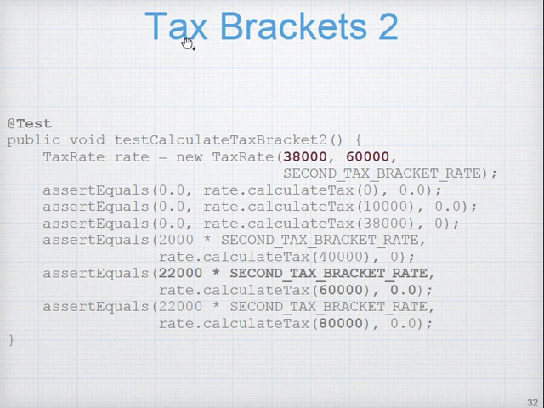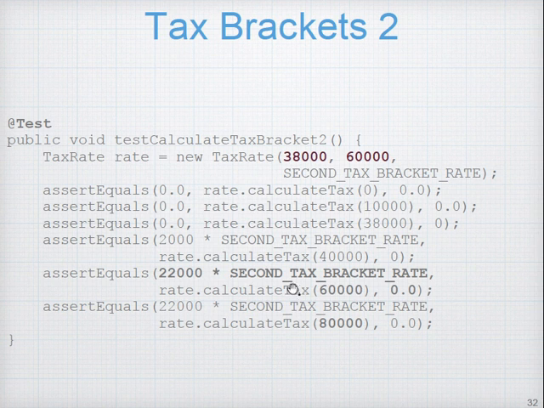So this is to test tax bracket 2. Okay, tax bracket 2 is from the range of 38,000 to 60,000, and I save it in the rate. For zero income, $10,000 income, 38,000 income, it will be 0 for the second tax bracket, because the second tax bracket does not start until it goes above 38,000.